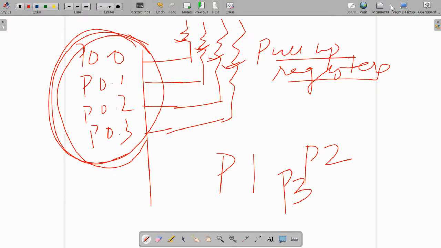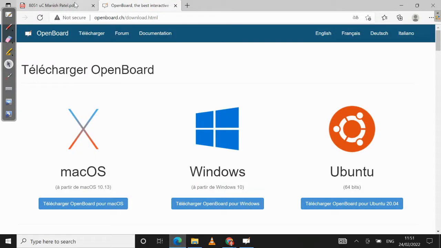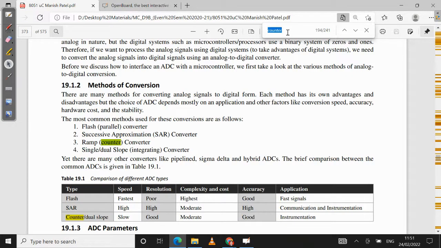Okay, so I can show you the figure for that.